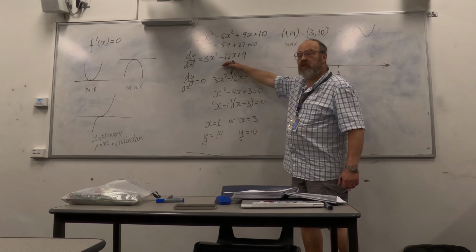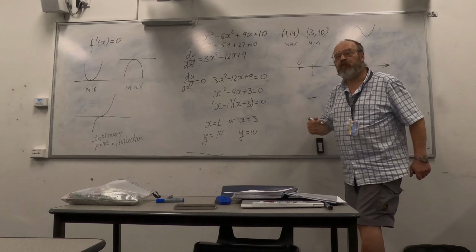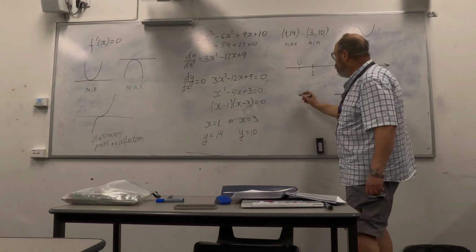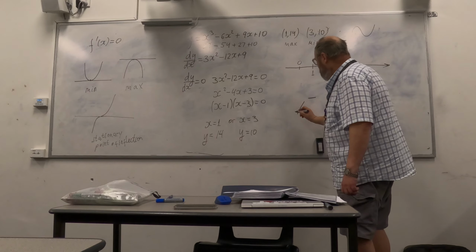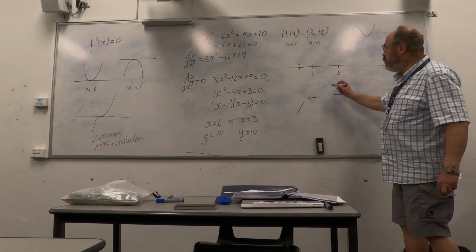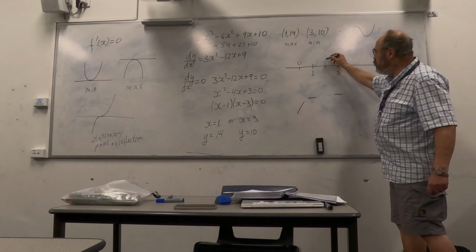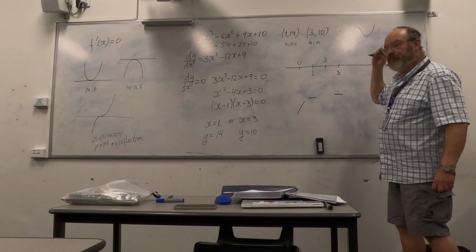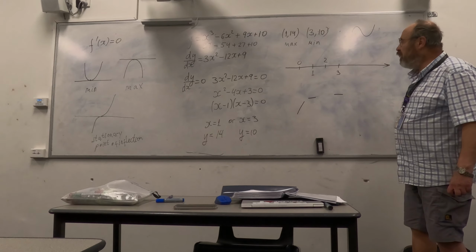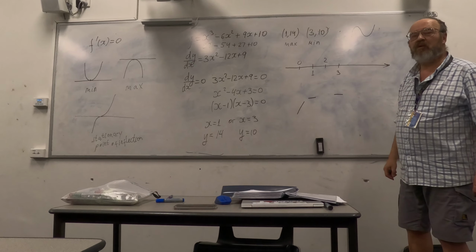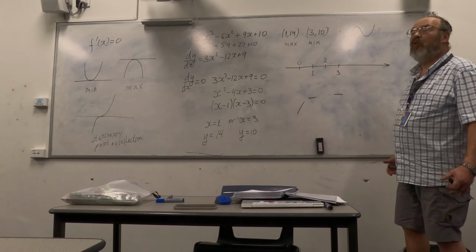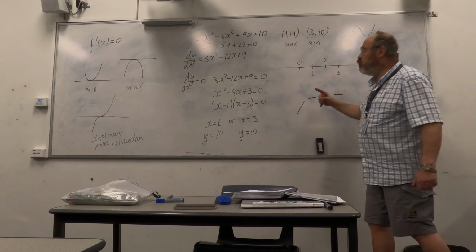We get 9, so it's positive. When the derivative is positive, the function is increasing. So at 0 the gradient is positive, going up. Then let's take a point between the two: 2. We actually don't need to calculate the exact value, only the sign.